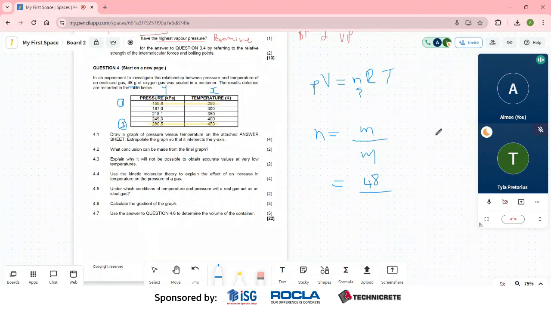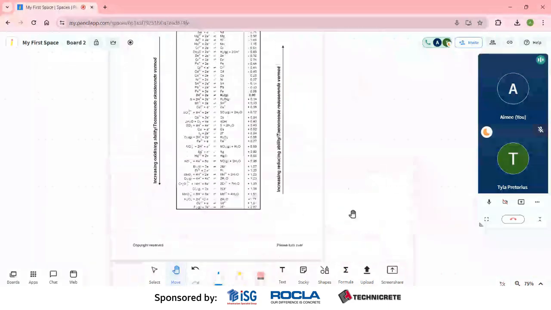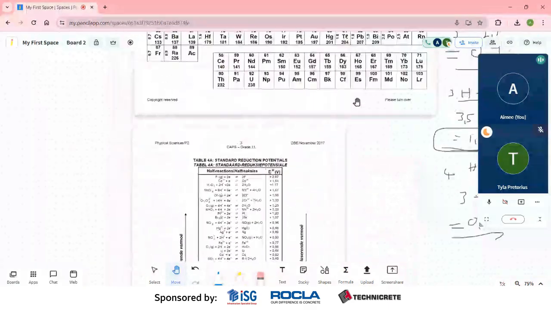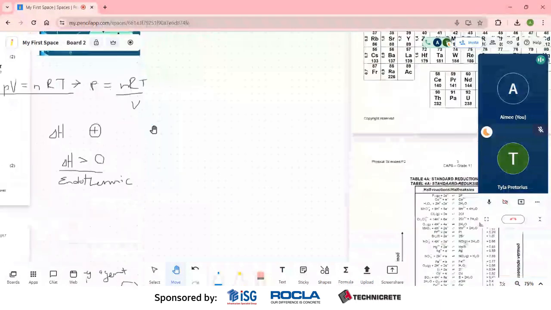It's oxygen gas. Remember, oxygen is diatomic, which means it exists in nature as O2, which means that when we substitute in the molar mass, we go to the periodic table to get our relative atomic mass. You're looking for the relative atomic mass, the value at the bottom of oxygen, which is 16.